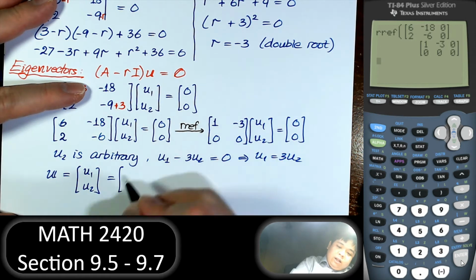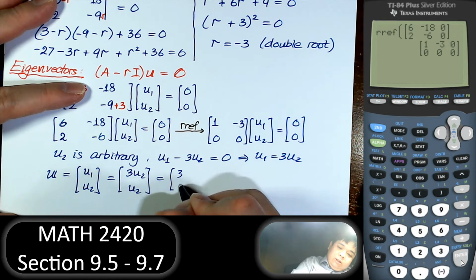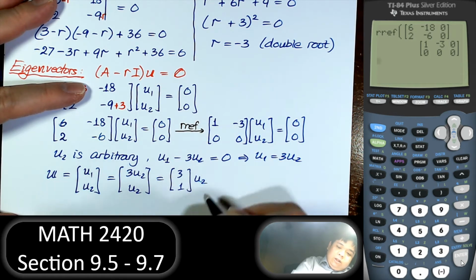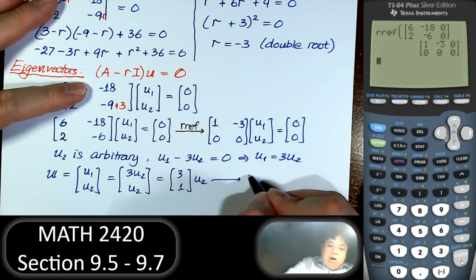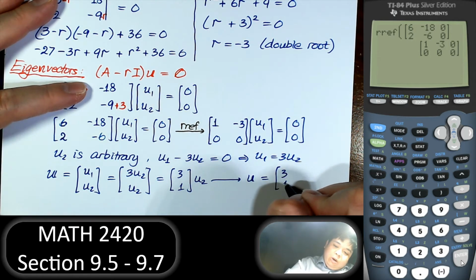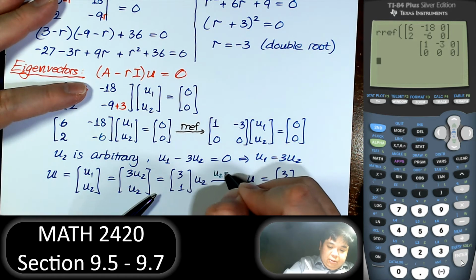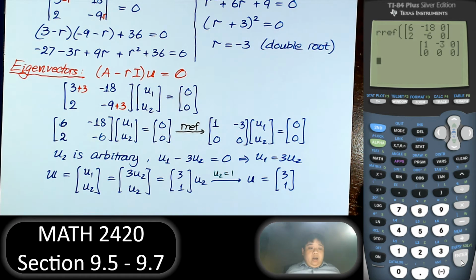U1 is 3U2. U2 is still U2. Choose U2 to be 1. We have an eigenvector of [3, 1].